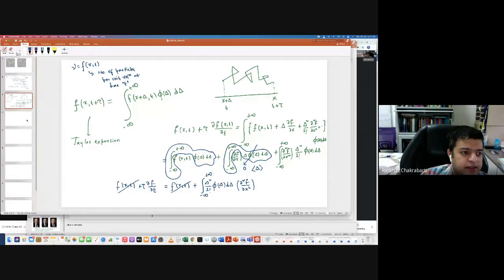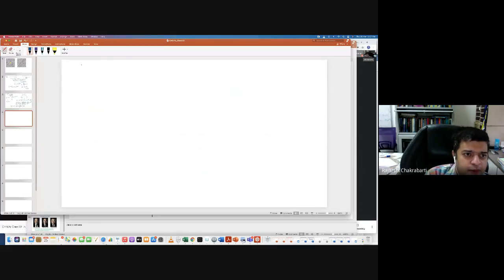And then what I'm going to get is something like del f, a function of x comma t, into del t is equal to delta square by 2 factorial into tau, phi, delta. Okay, this is exactly what I have.